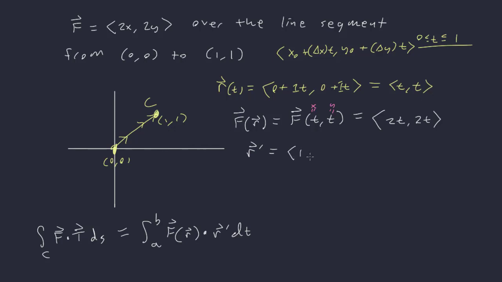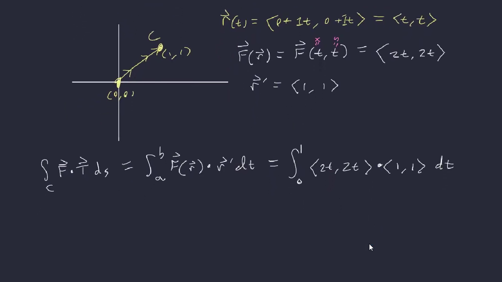All right, so now when we set up this integral, it's going to be the integral from 0 to 1, and this is what I meant when I said we always do line segments this way just to simplify our lives. Okay, and so it will be 0 to 1, then 2t comma 2t dot 1 comma 1 dt.